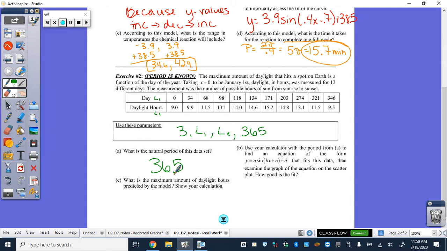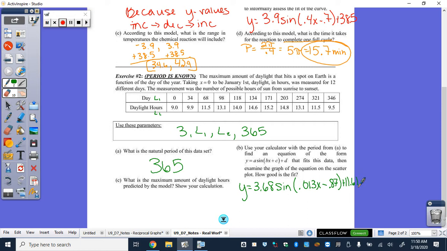So our equation, it didn't really tell us where to round to. So I'm going to go to the nearest hundredth, except for my b value. I'm going to go to the nearest thousandth just because it's such a small decimal. I want to make it a little bit more accurate. And the other ones I'm going to keep to the nearest hundredth.